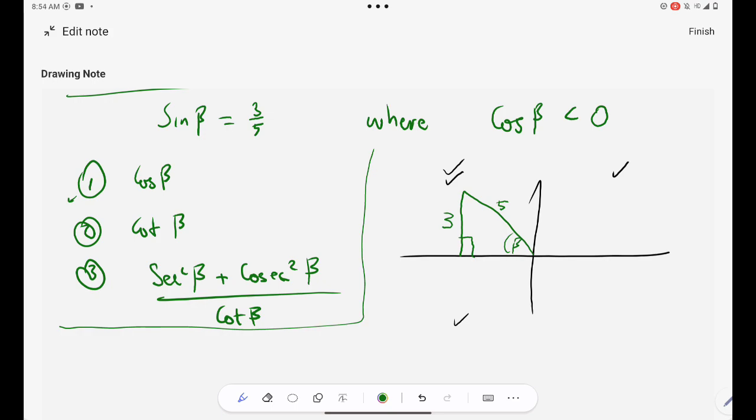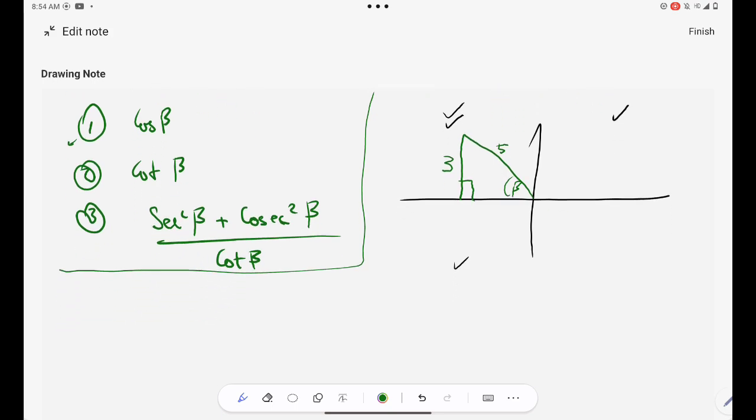So all I need to do is find the value of x. I'll always use the Pythagoras theorem to do that. I know that x squared plus y squared is equal to r squared, right? I don't know the value of x, but I know that y is 3, and r is 5, right?